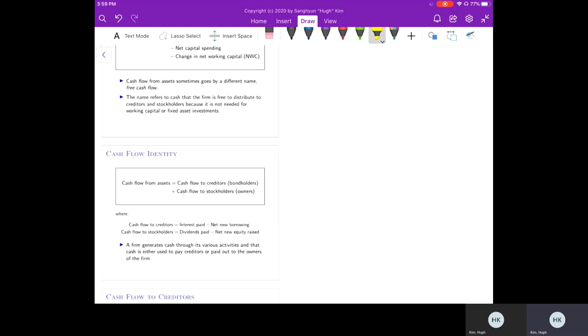So we have this cash flow identity. The firm generates cash flow through its various activities, and that cash flow is either used to pay creditors or paid out to the owners of the firm.